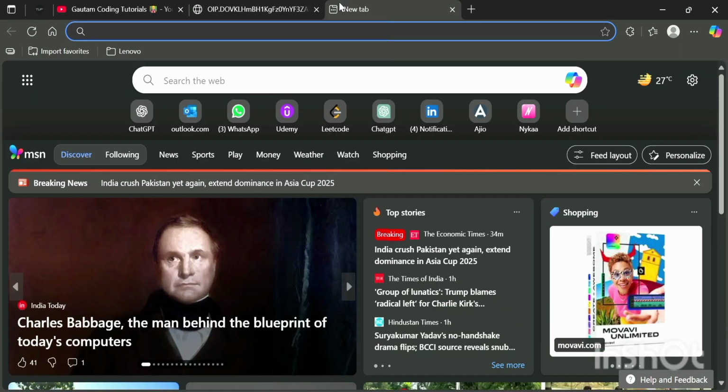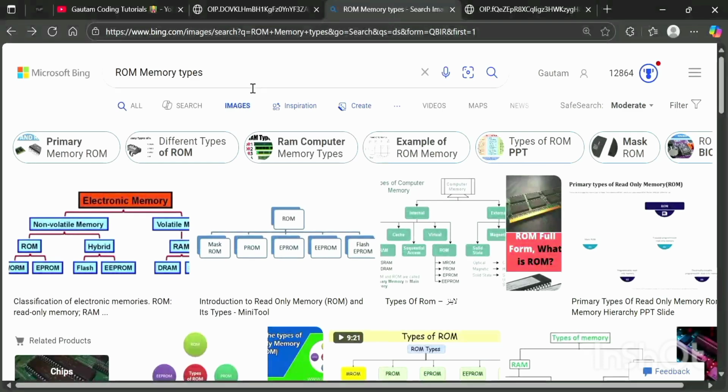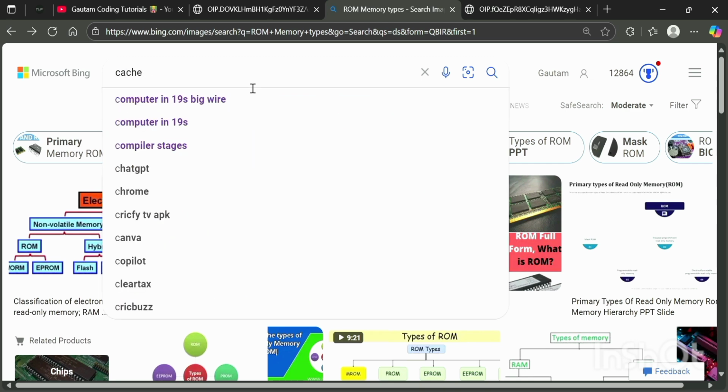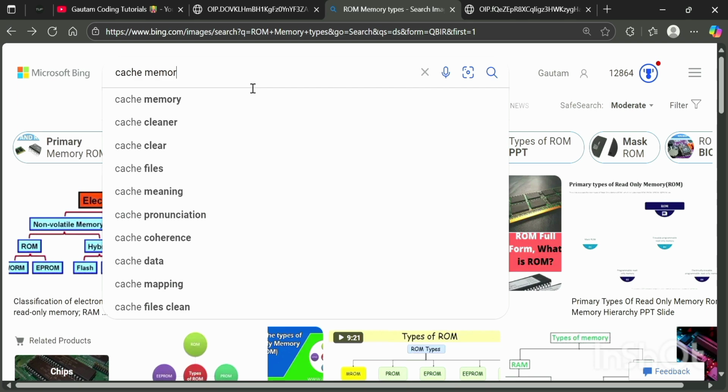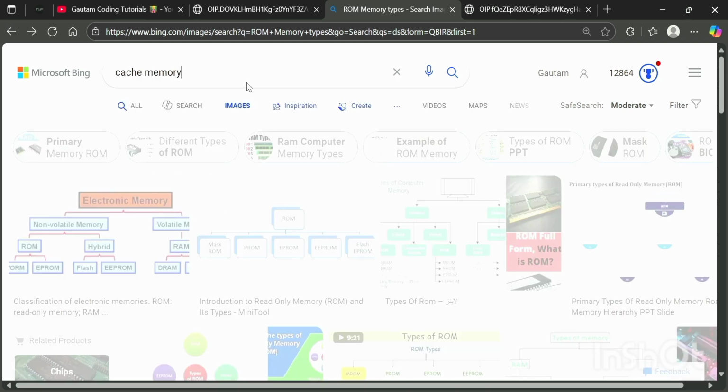Now let's move forward with cache memory. Cache memory is a high-speed, small-size buffer between the CPU and main memory. It speeds up access to frequently used data. It's fast but expensive because of the semiconductors used, and small in capacity.